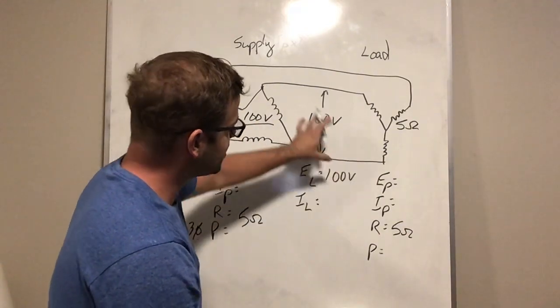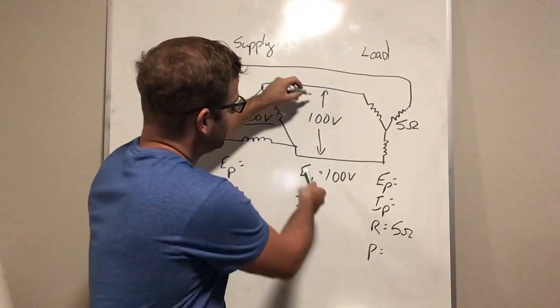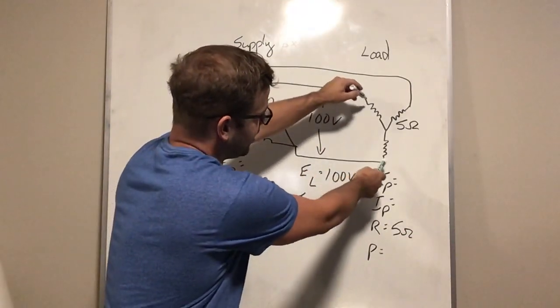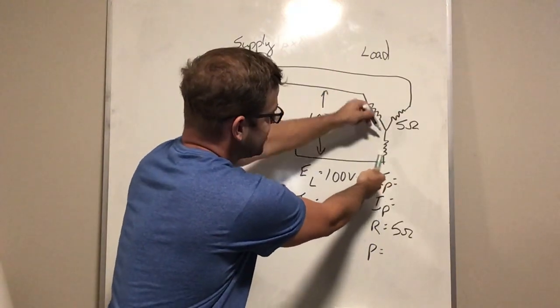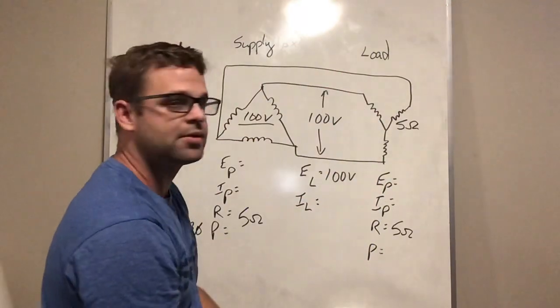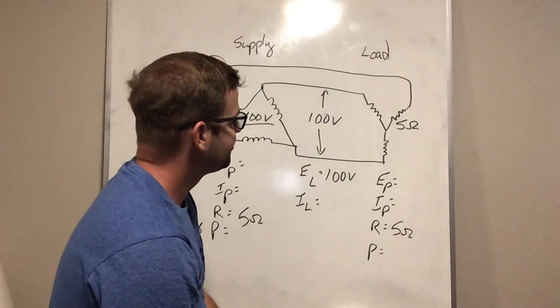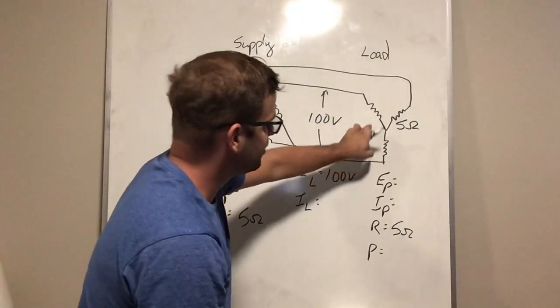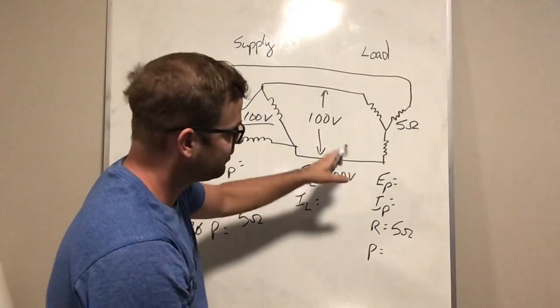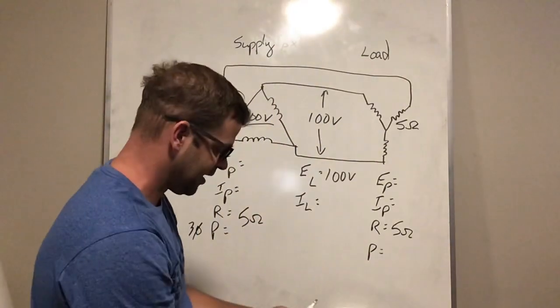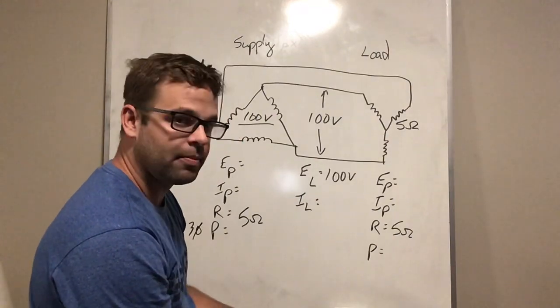When I get to the other side, I come across, but when I get to my load, I notice that I have 2 loads that split that 100 volts, but they are not in phase with each other. They're 120 degrees from each other, so I can't just divide them in half to separate them evenly. I have to divide the number by root 3.